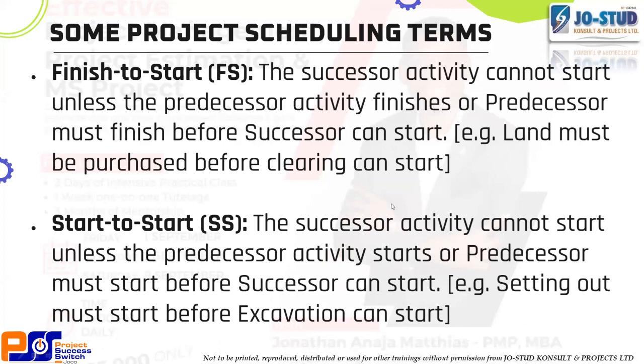They are similar, but for finish to start, something has to finish before another one starts. You can't say that while you are still buying land, you start clearing. It cannot happen. But for a start-to-start relationship, it's actually possible for a successor activity to start as soon as the predecessor starts.